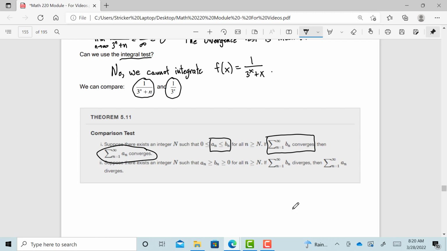And if those terms are all bigger than a sub n, then the series of a sub n must also add up to something.